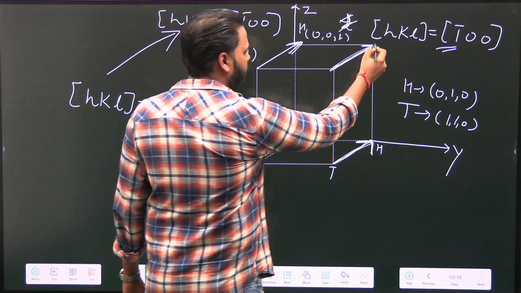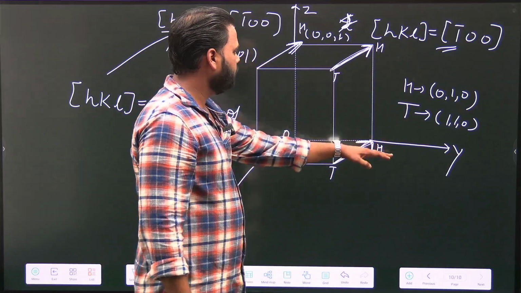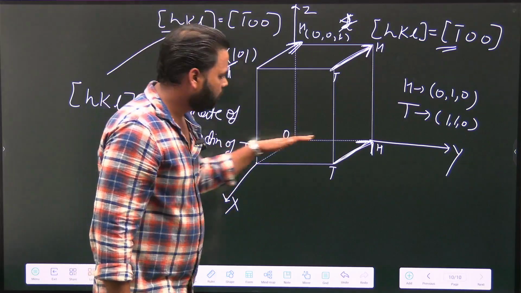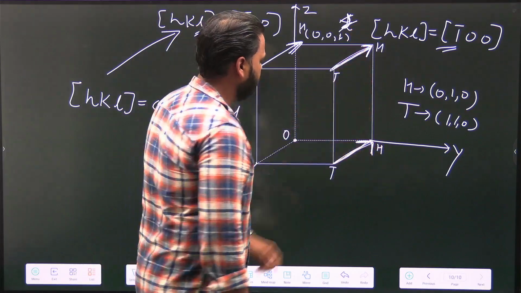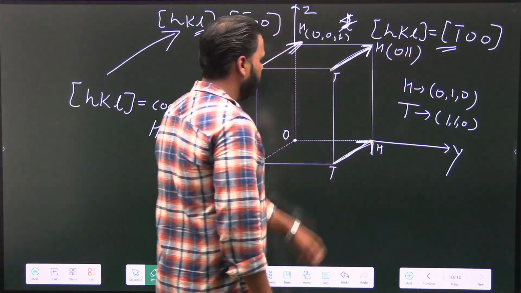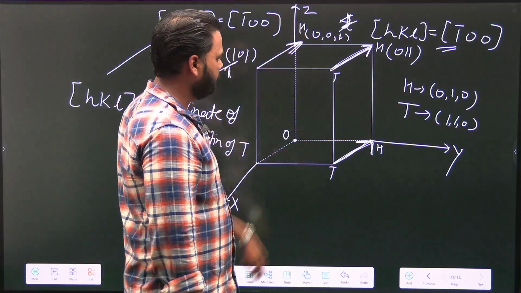What will the coordinate of head? Head का coordinate कितना होगा? 0 1 1. We are not moving in the x axis. You are moving a distance on the y, and on z. So the coordinate of head will be 0 1 1. What will the coordinate of tail? 1 1 1.